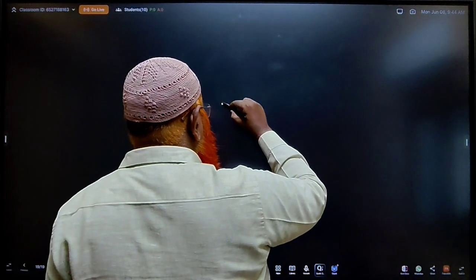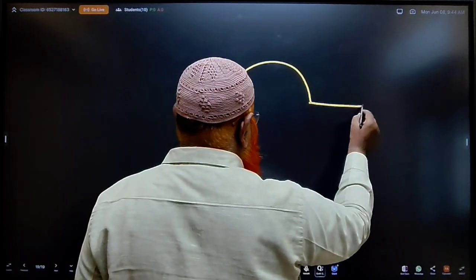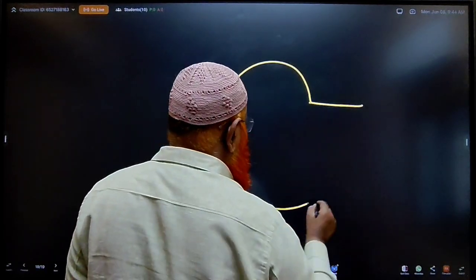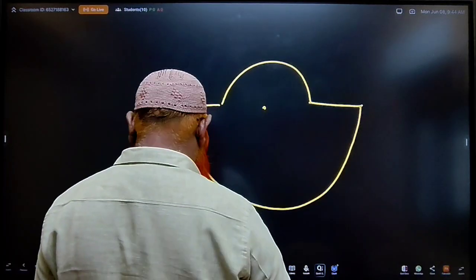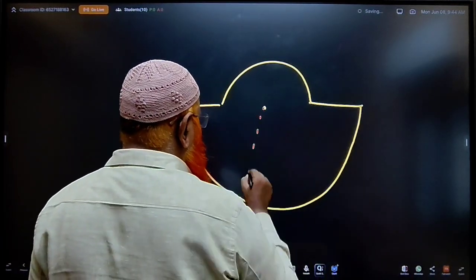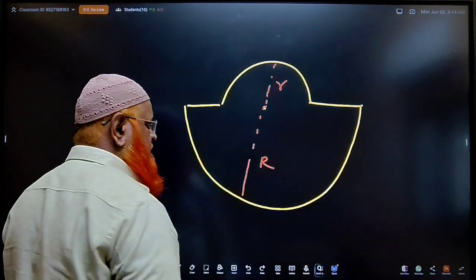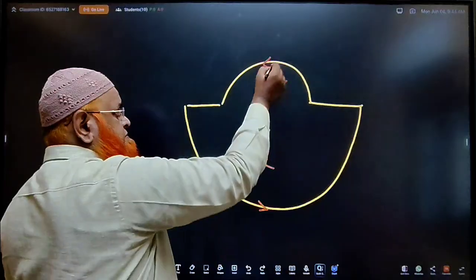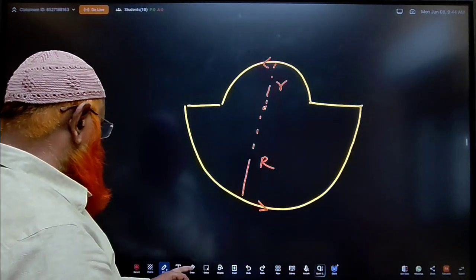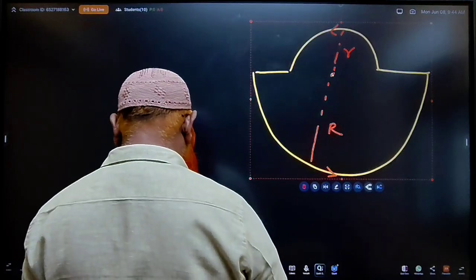is like this. At this point, for the longer one, the radius is capital R. For the smaller one, the radius is smaller, and the current is passing like this. So how do you find out the magnetic induction because of these two wires at the middle?